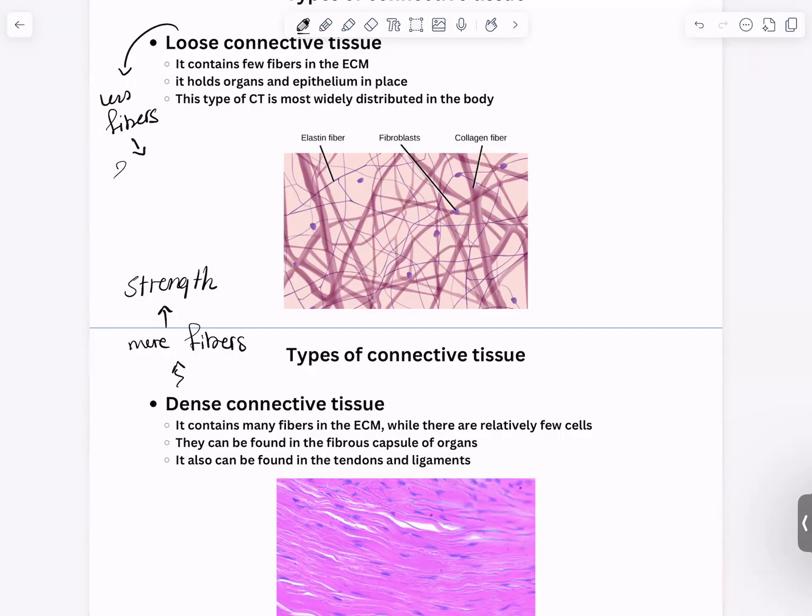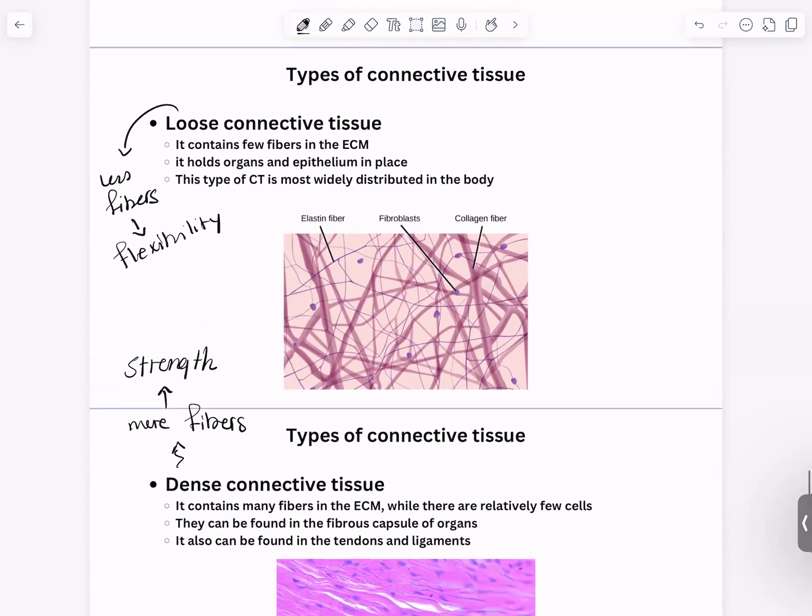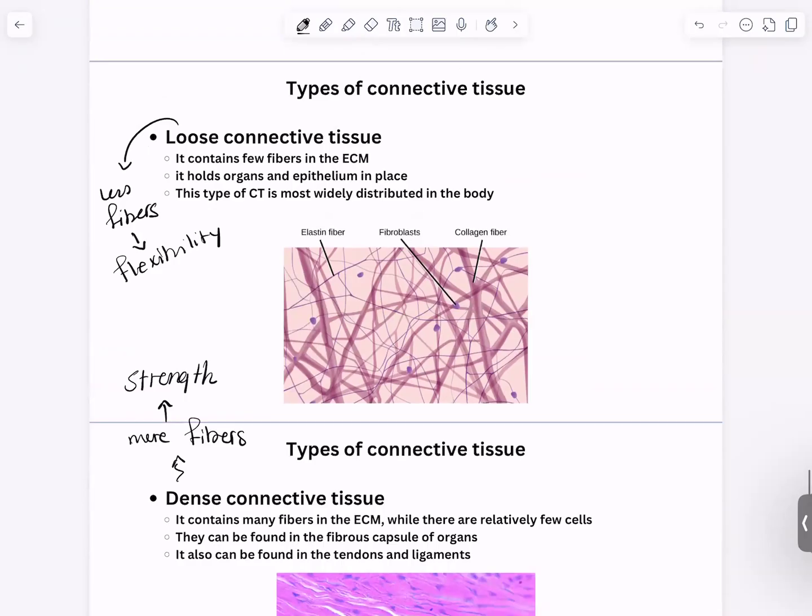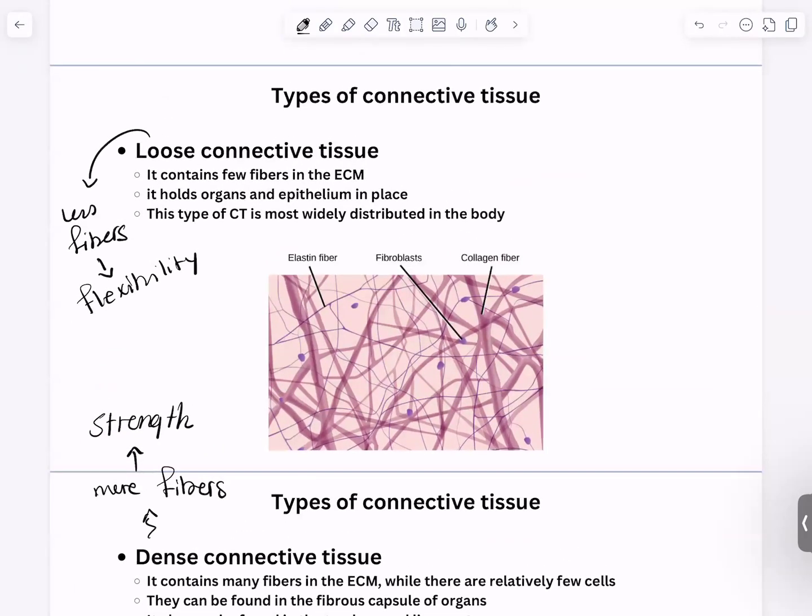I wanted to mention flexibility. So flexibility. And the thing is, loose connective tissue brings the flexibility, and dense connective tissue is about strength.